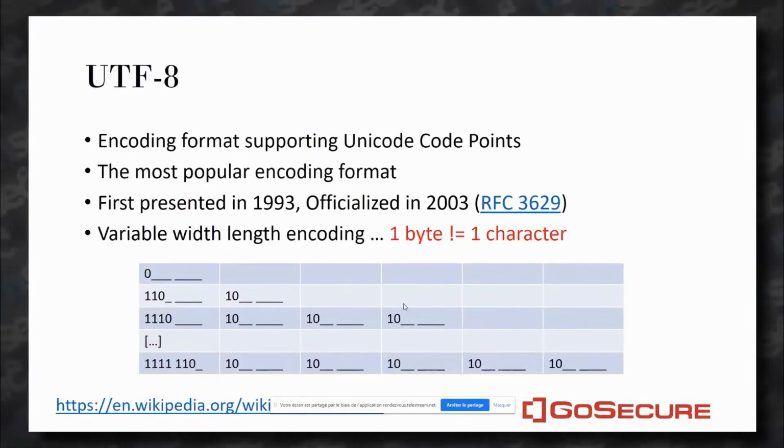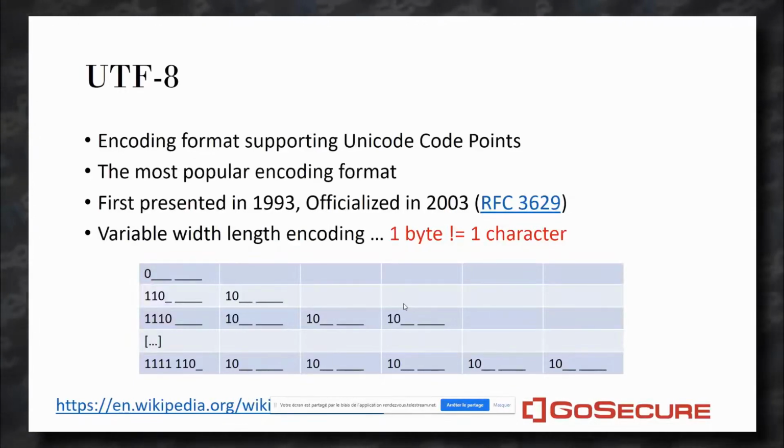The interesting element with UTF-8 compared to ASCII is that now suddenly we have a variable length encoding. So we cannot think anymore of one character as 1 byte every time. It will be in some cases. For all ASCII or Latin characters, they will be equivalent to the ASCII character.